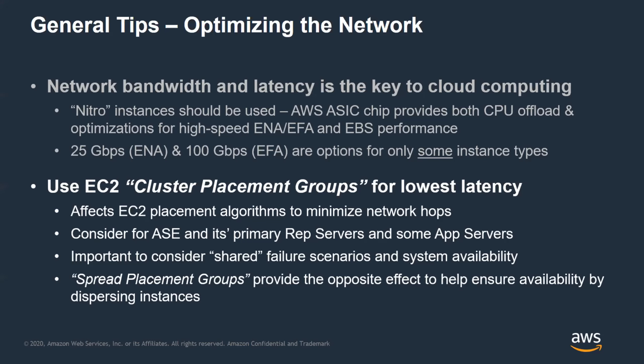So you go to the switch at top of rack and you come back down again. So really a very useful tool. The spread placement groups, noted at the bottom, is where you want to spread these things out across different data centers, different availability zones, to make sure that a failure in one doesn't affect failures in another.